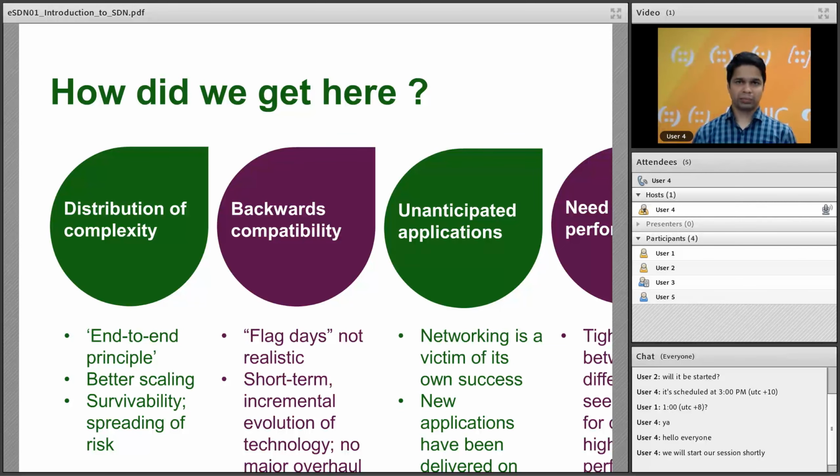The end-to-end principle takes it to an ultimate level, with a relatively dumb, connectionless packet forwarding, packet switch infrastructure with a high functionality at the edge. So we scale our networks via the same mechanism. This also provides better survivability. If one part of the network fails, it will not impact the whole infrastructure.